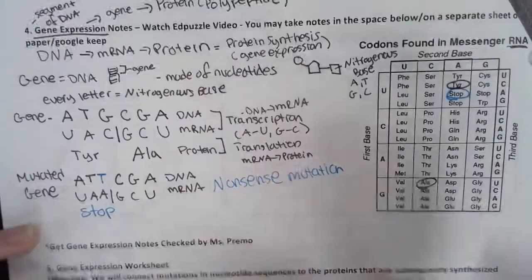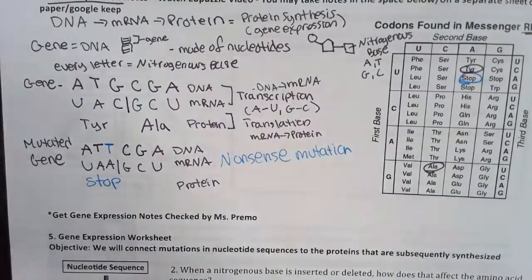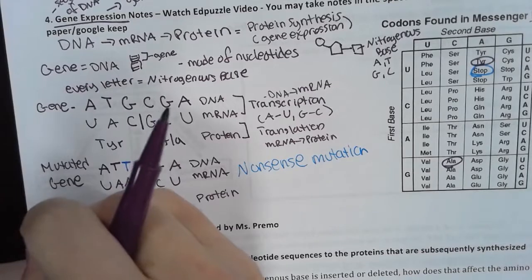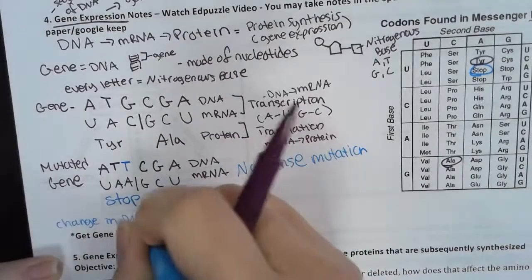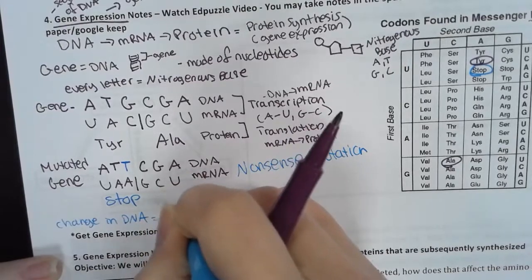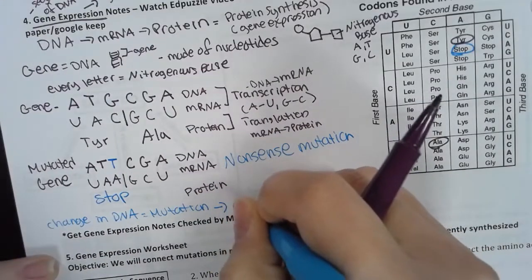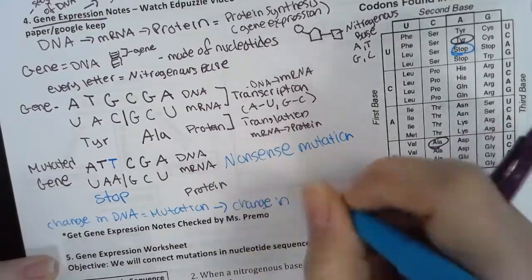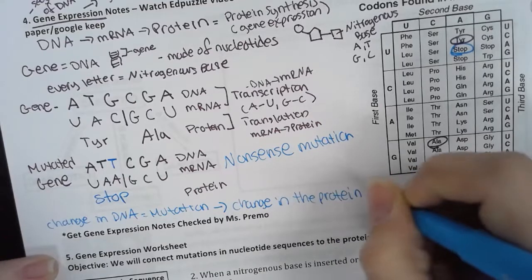Okay, this is my protein. So my protein really doesn't even get made. So if there is a change in DNA, which is a mutation, then there is going to be a change in the protein or the gene that's expressed.